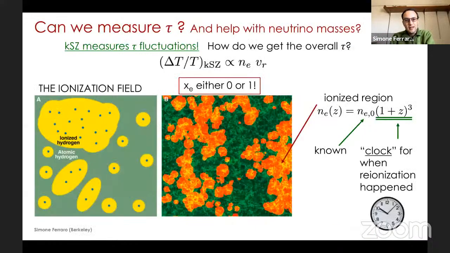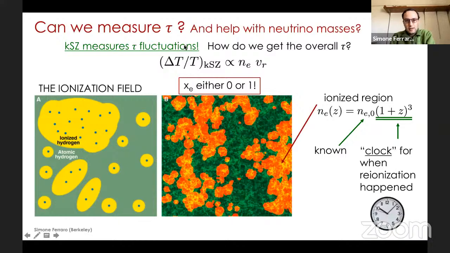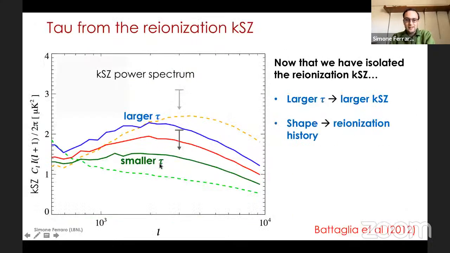Certainly, what I want to say, though, is something that I don't think is widely appreciated: the scaling with tau is rather robust. In fact, you can even analytically derive the scaling with tau, because the physics is very simple.